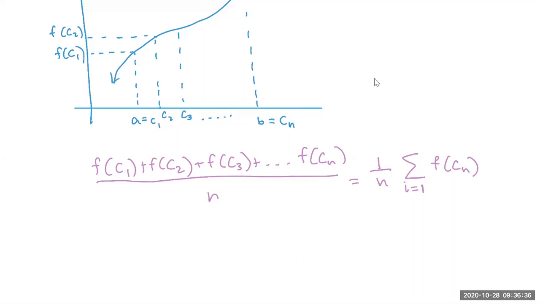So i equals 1 to n of f of c sub i. And the way that you would read the summation notation is you would take the index, plug it in, and that should give you your first term. Sigma represents sum. So then take the next index up, which is plus 1. So f of c sub 2 should be next, f of c sub 3, all the way up to f of c sub n.